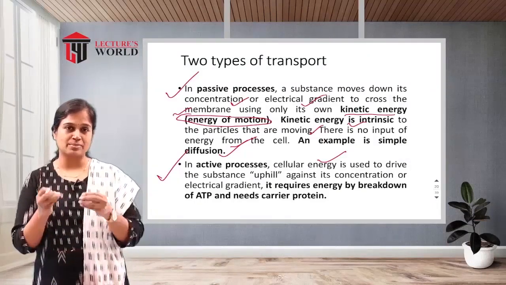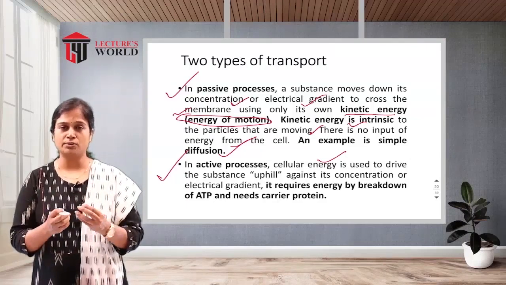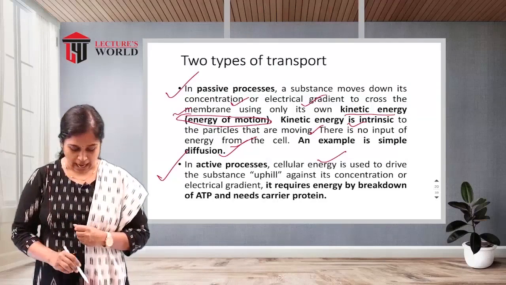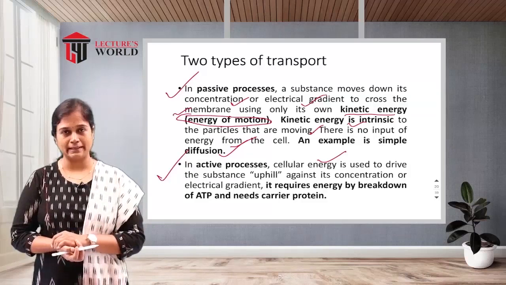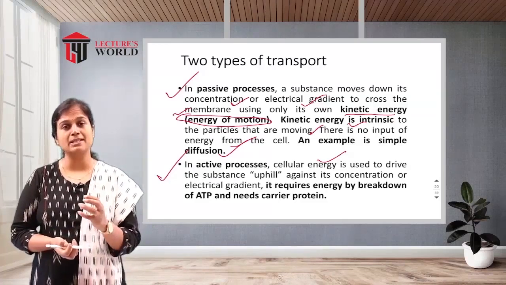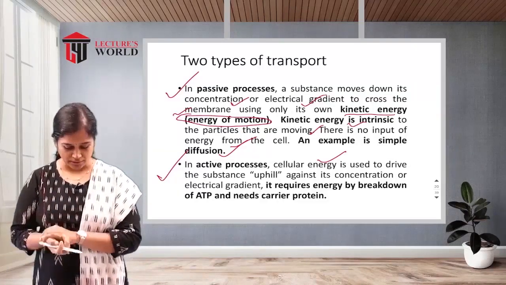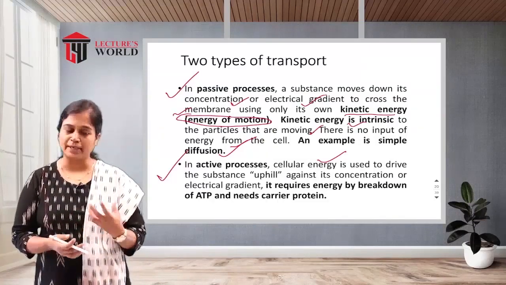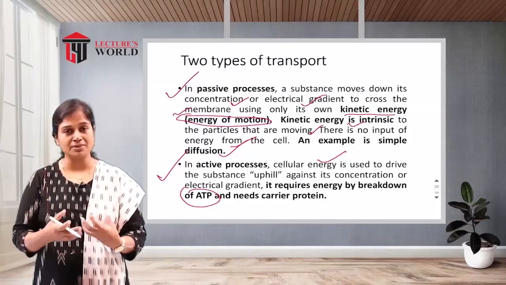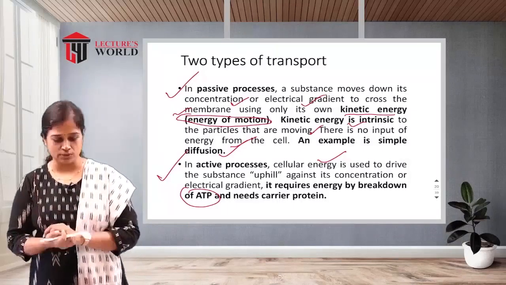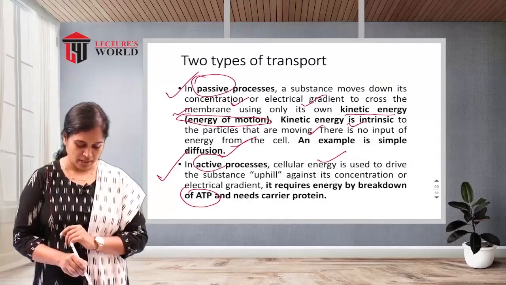That means to move substances from inside to outside or from outside to inside, these molecules need cellular energy, and the substance moves uphill against its concentration or electrical gradient. So a substance which moves against the concentration gradient, from lower concentration to higher concentration, requires energy from the breakdown of ATP, and it also needs a carrier protein which helps in transporting the molecules. So basically there are two types of transport: passive transport and active transport.